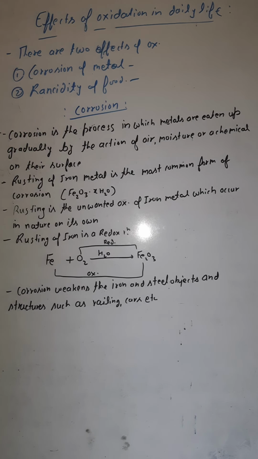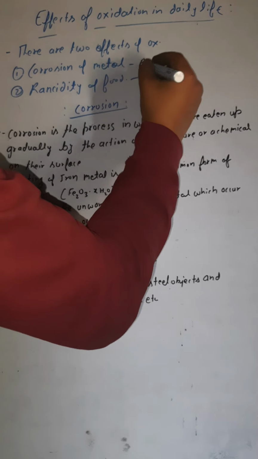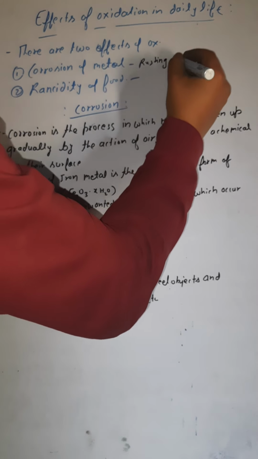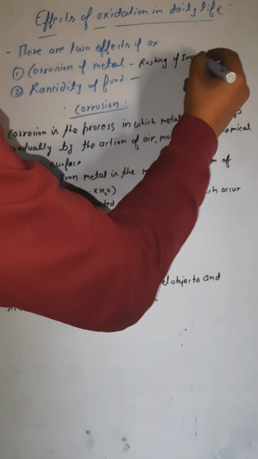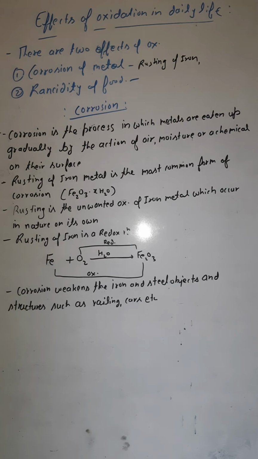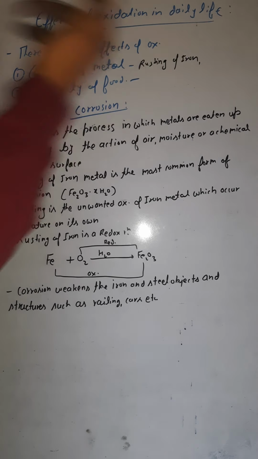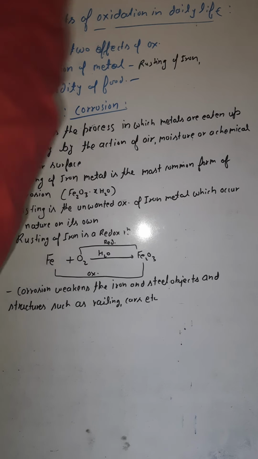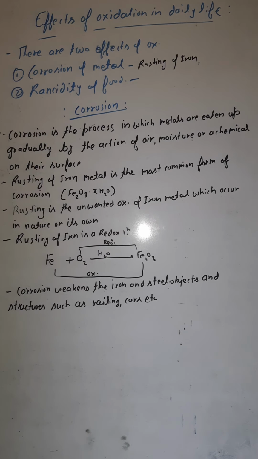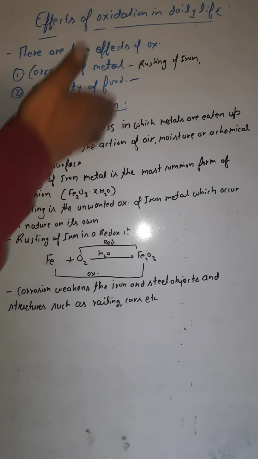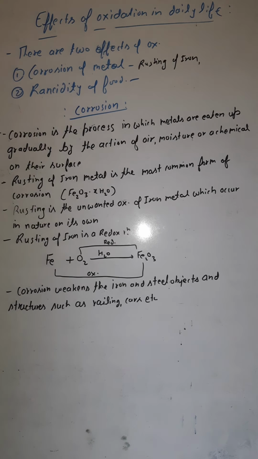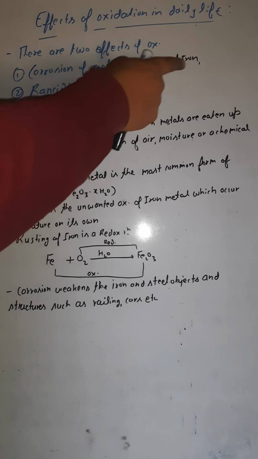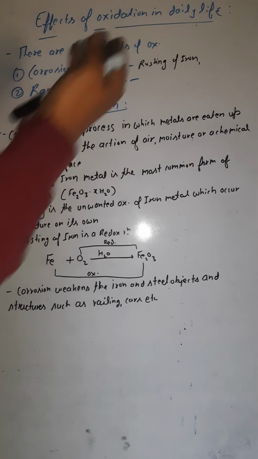The best example of corrosion of metal is the rusting of iron, because the corrosion of iron metal is called rusting. There are other metals also, steel objects, which get corroded by the action of air, but the best example of corrosion of metal is the rusting of iron.